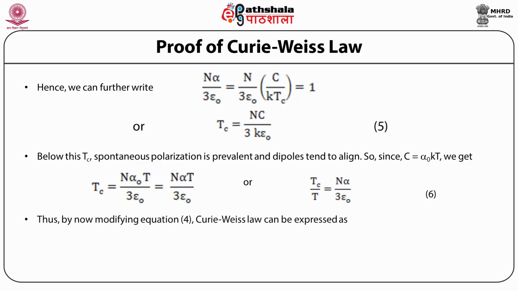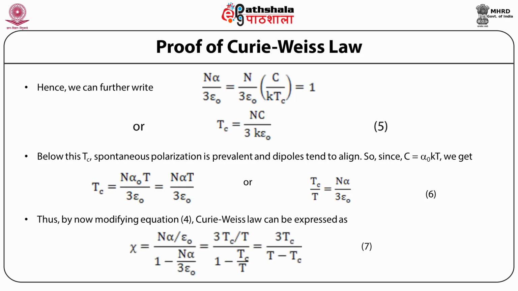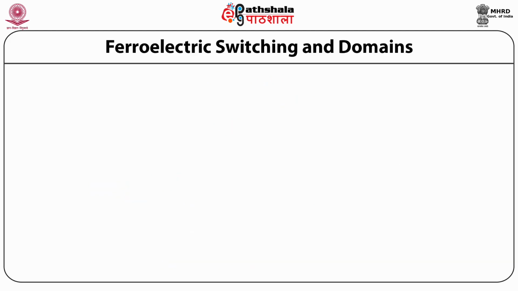Thus, by modifying the expression, the Curie-Weiss law can be expressed as susceptibility chi equal to n alpha by epsilon naught divided by 1 minus n alpha upon 3 epsilon naught, which comes out to be 3 Tc divided by T minus Tc.